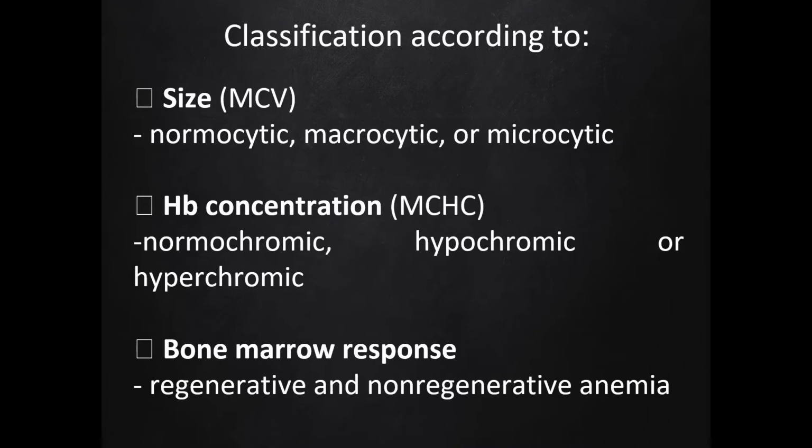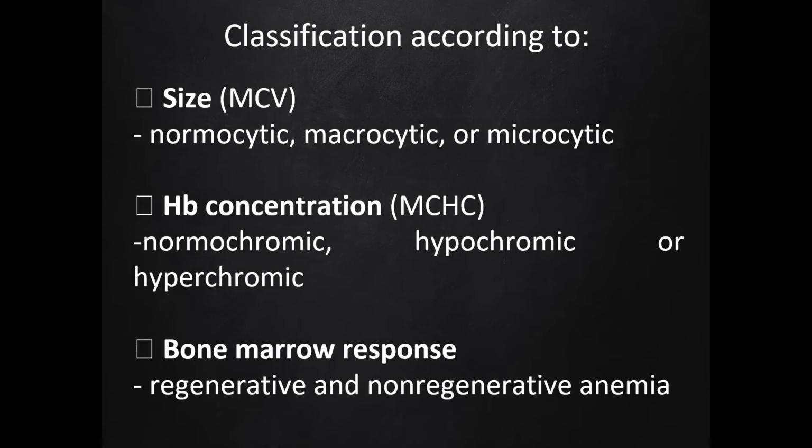Classification of anemia is according to three important factors. First, the size. We already know that in order to determine the size of the red blood cell, you will see it in the CBC machine, with an indication of MCV units there.